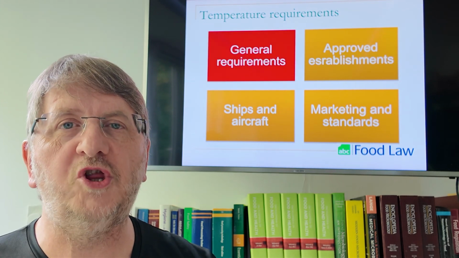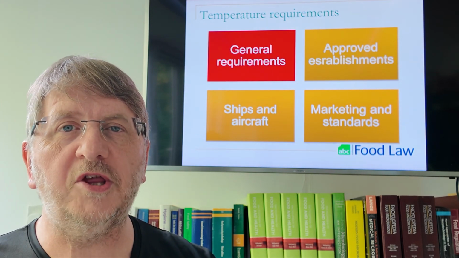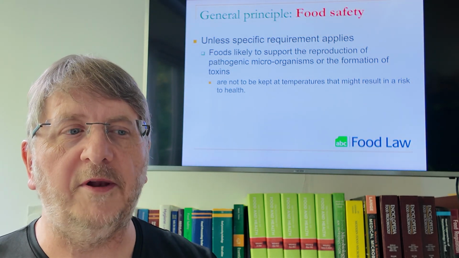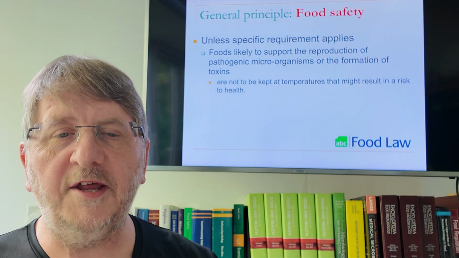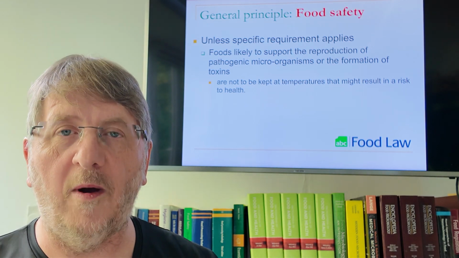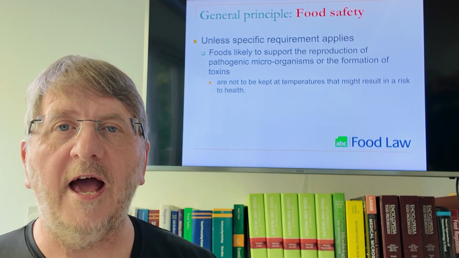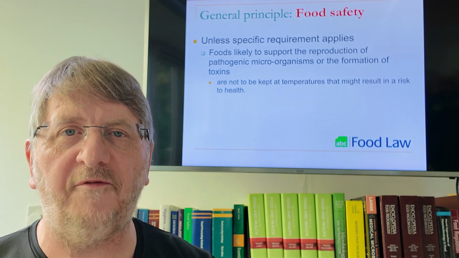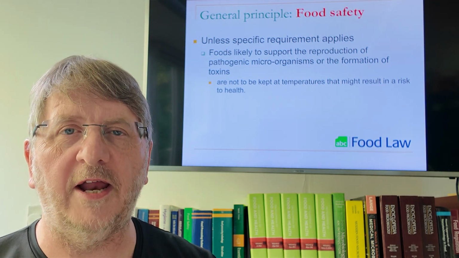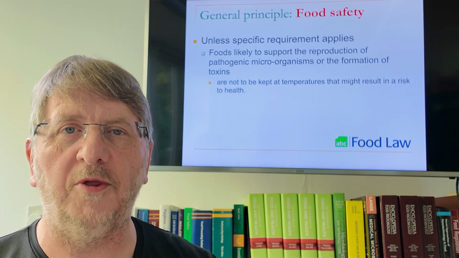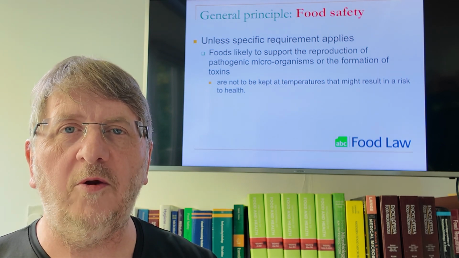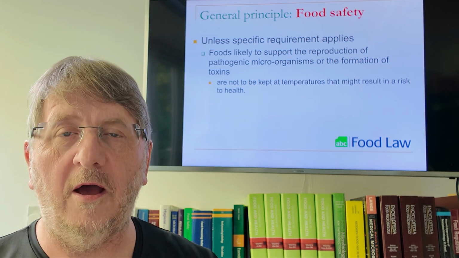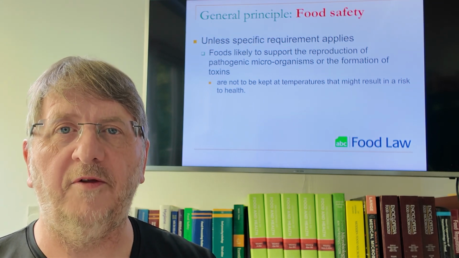So let's start off with the general requirements. The general principle in food safety is that unless you have any specific requirements set out in the regulations, and in the UK we have devolved administration, so we have different hygiene regulations in England, Wales, Northern Ireland and Scotland. In England, Wales and Northern Ireland there are specific temperature control requirements set out in the regulations.